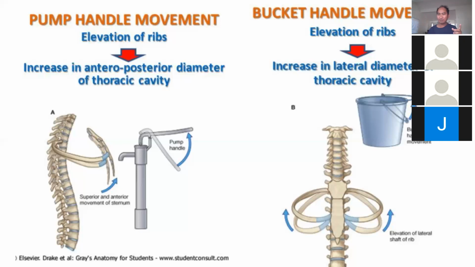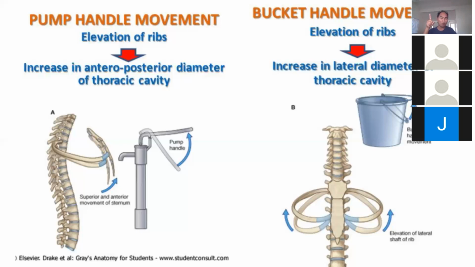So next time, when you take a deep breath in, think to yourself, you are expanding the chest wall, AP diameter, lateral diameter, and at the same time, you are pushing down the abdominal viscera with the diaphragm. So this thoracic cavity expands. Because of the expansion, it will create negative intrathoracic pressure compared to the surrounding atmosphere.